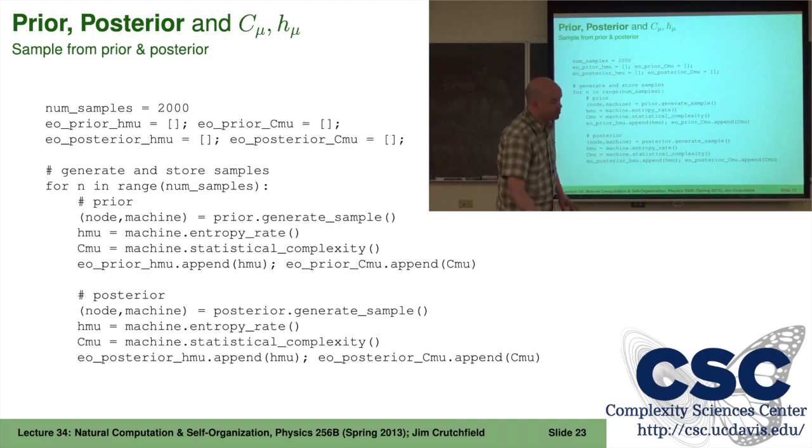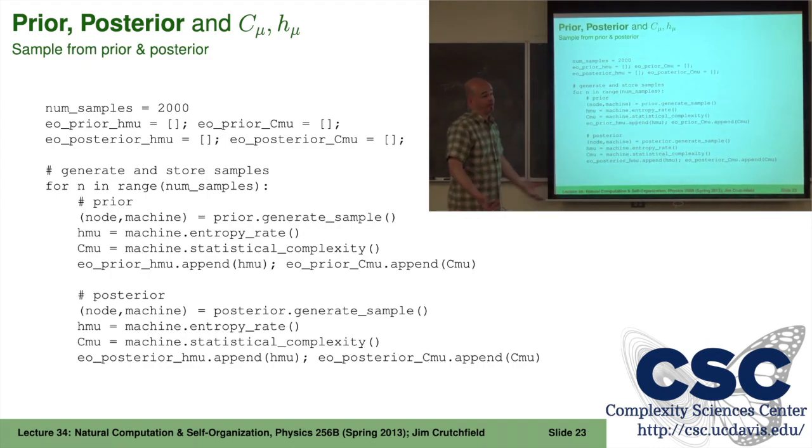What if we want to do something that's closer to what we were doing last lecture, which was to estimate CMU and HMU? But now we're going to use the set of all topologies that we used. We're not going to just use one. But this code, if you look back at the previous lecture, will look exactly like what we were doing for a single known topology, except what our priors and posteriors are now over whole sets of topologies.